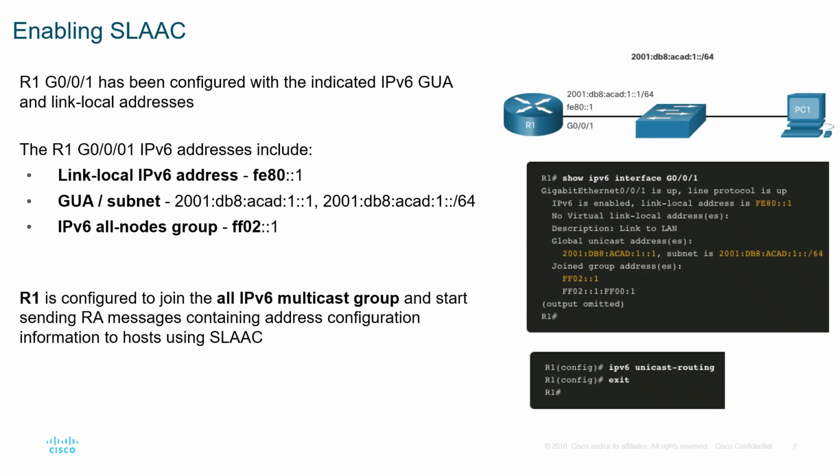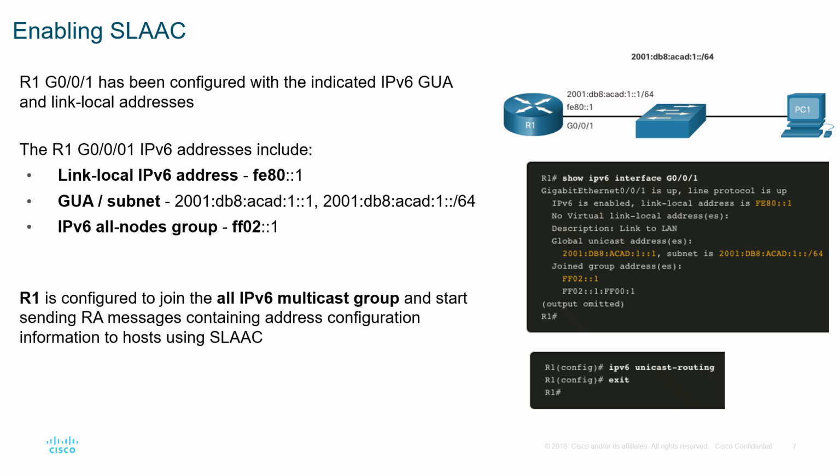So R1 in this example, G0/0/1, has been configured with the indicated IPv6 GUA and link local addresses. Remembering, going back, your link local address starts with FE80. So the addresses are link local FE80::1, the global unicast address, which I'm not going to read to you, and don't forget your multicast groups.